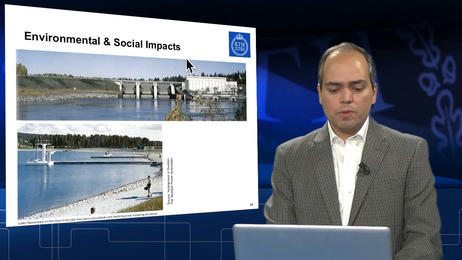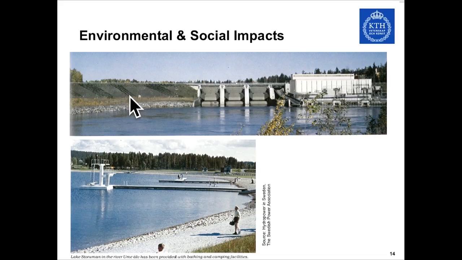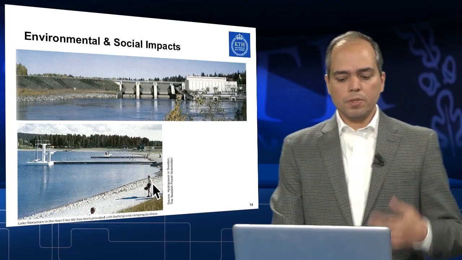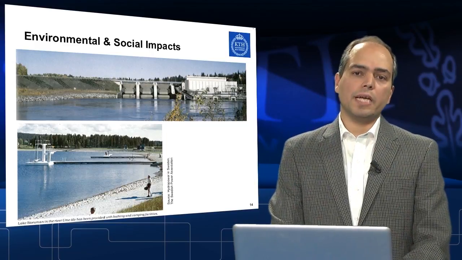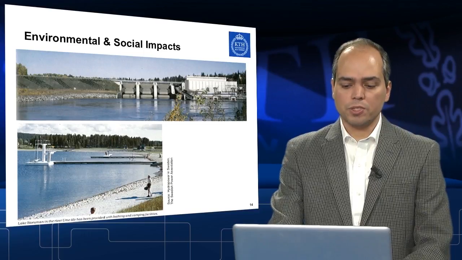Here, for example, you could see the riprap on this side, and how it is integrated with the surroundings, and the recreational facilities built on the lake that make it possible for local people to come and enjoy the created reservoir at this hydropower project.